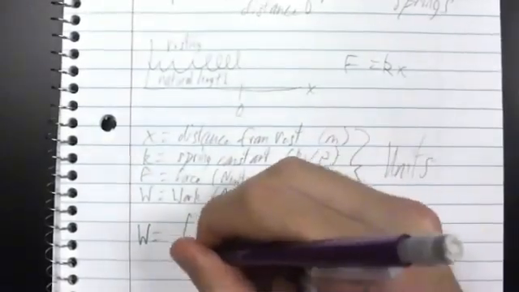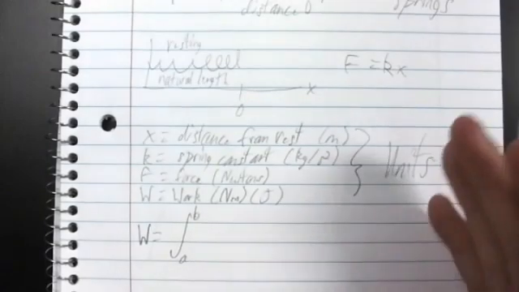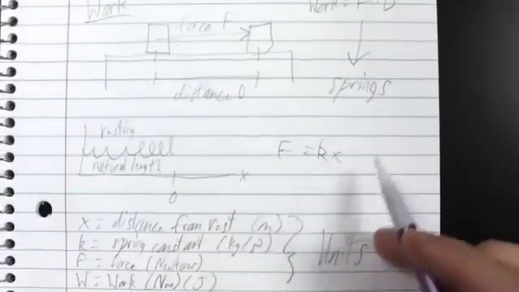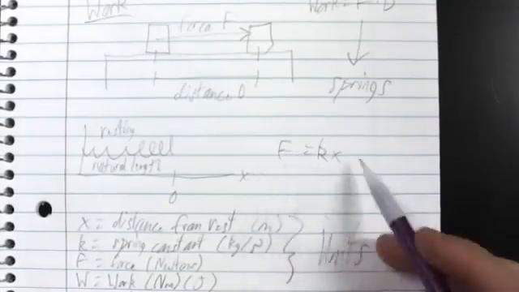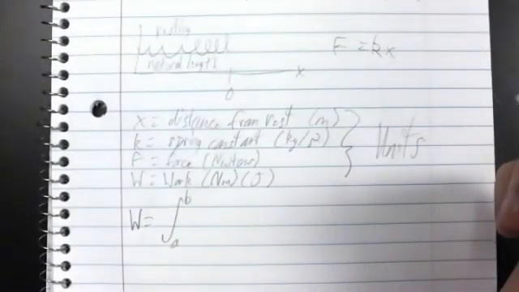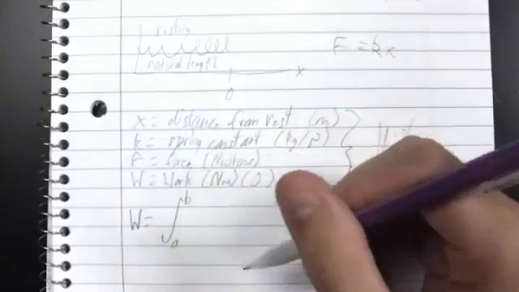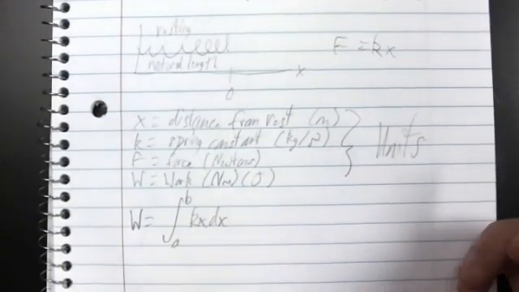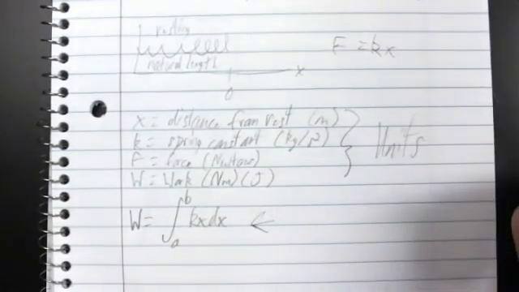So we can write that the work equals the integral from a to b, where a and b are the stretch distances, and then you just integrate the force. In physics, if you integrate force with respect to distance, you get work. So kx dx. And this can be an uppercase or lowercase k. I'm sorry, my lowercase k's are weird. This is the main thing you'll be looking at.